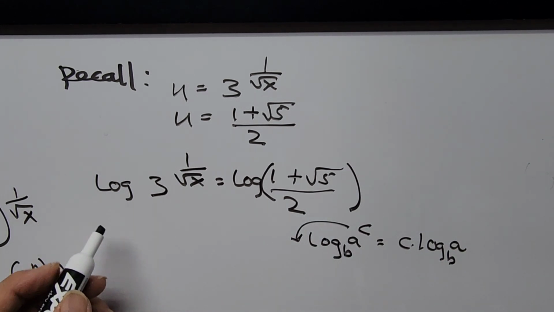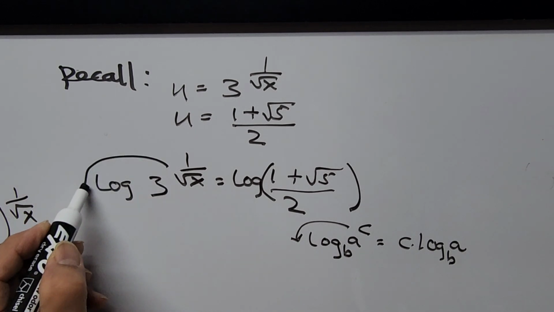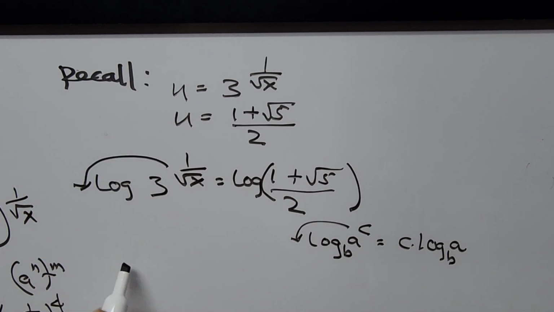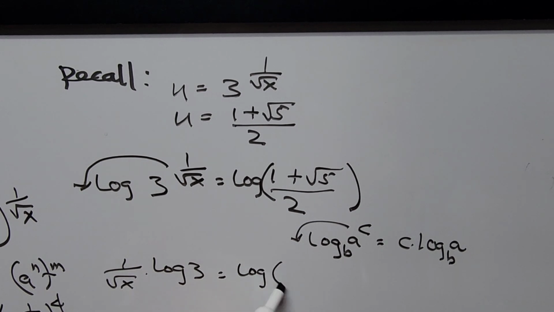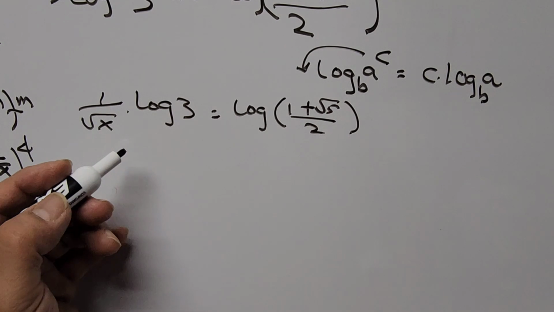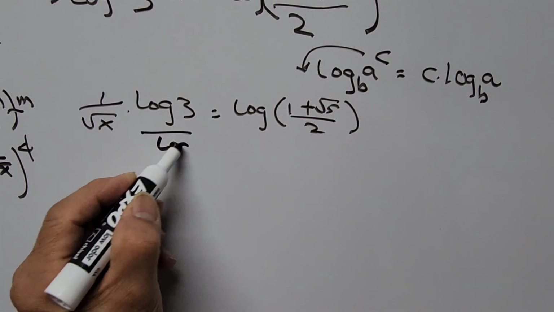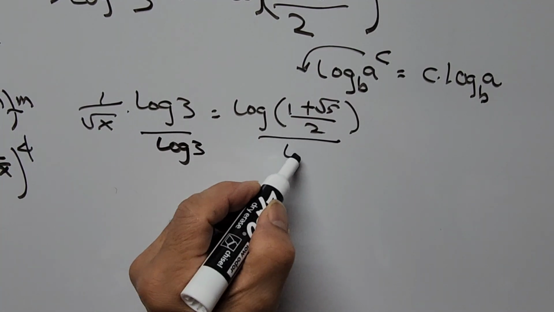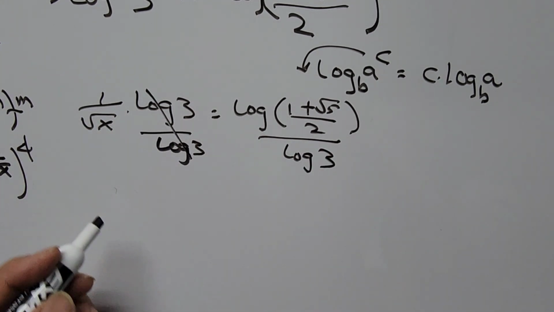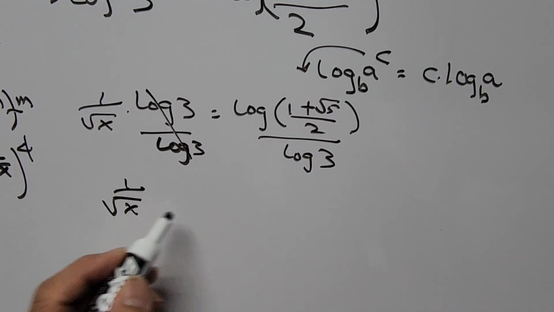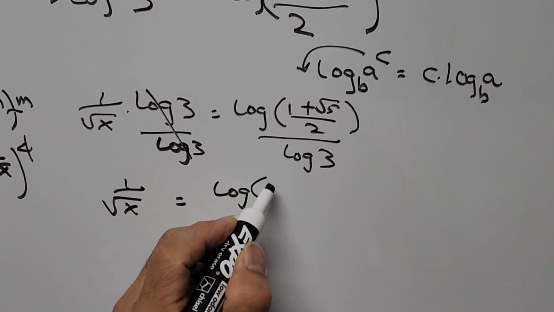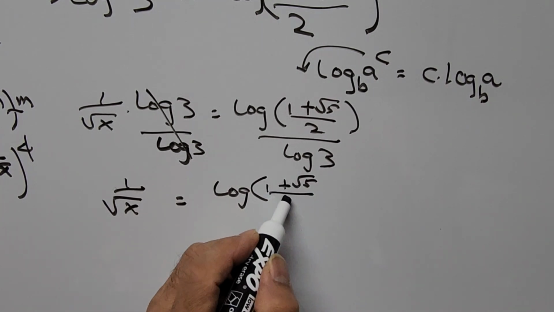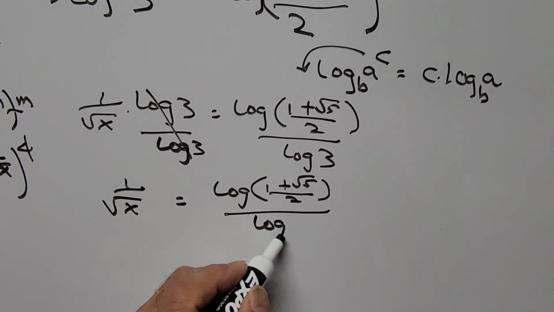We take down the exponent to the front: 1 over square root of x times log of 3 is equal to log of 1 plus square root of 5 all over 2. Solving for x, divide both sides by log of 3. This cancels, so we have 1 over square root of x equal to log of 1 plus square root of 5 over 2, divided by log of 3.